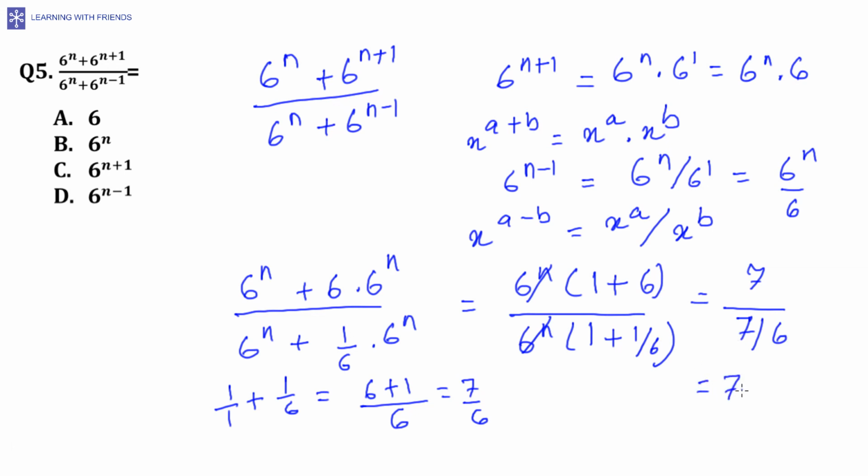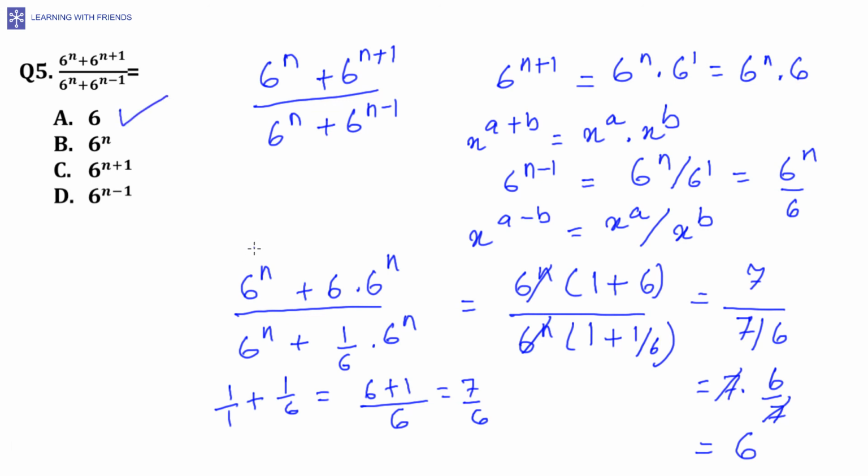Another way to write this is 7 multiplied by 6 by 7. That's what we do when we divide by a fraction, that is similar to multiplying with the reciprocal of the fraction. And 7 and 7 goes, so my answer is 6, which is what we already thought we should get because that is the only option which doesn't have n. So my right answer is 6.